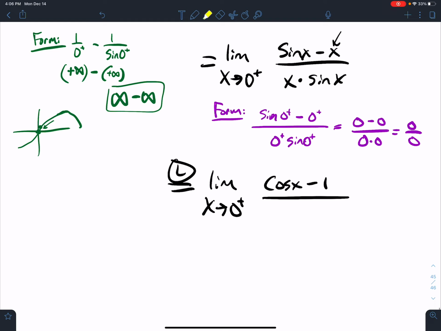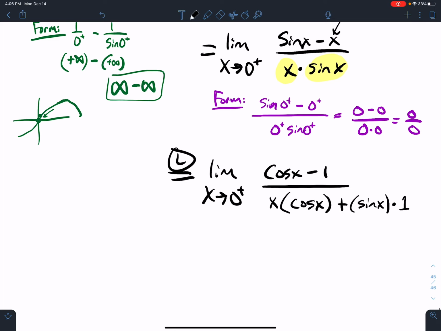Now the denominator is a product of 2 functions, the first and the second function. To find the derivative using the product rule, it's the first times the derivative of the second plus the second times the derivative of the first. Well, I could just plug in and see what happens, right?